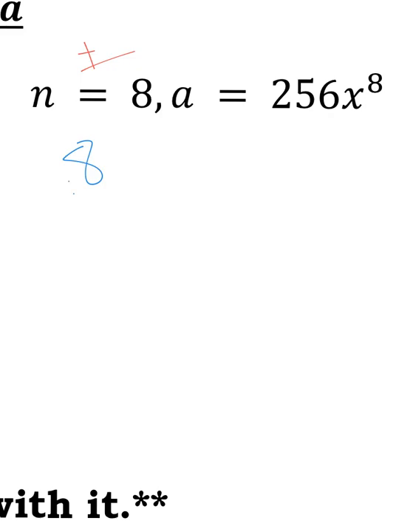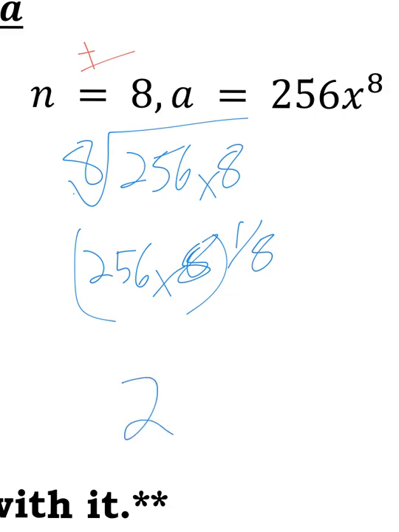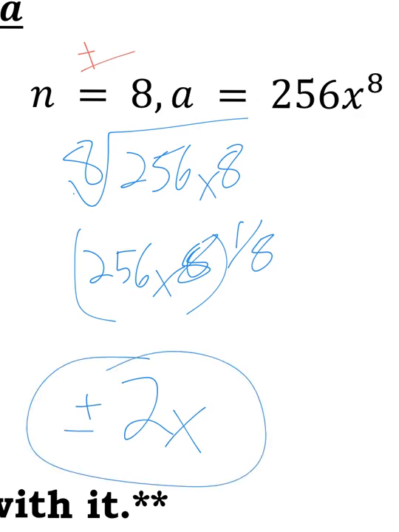Because I'm going to take the 8th root of 256 x to the 8th, or I'll raise 256 x to the 8th to the 1/8 power. The 8th root of 256 is 2, and 8 divided by 8 with your exponents, just divide them, is 1. So I'm just going to write 2x, and then don't forget to write the plus or minus, and that's the final answer for number 3.